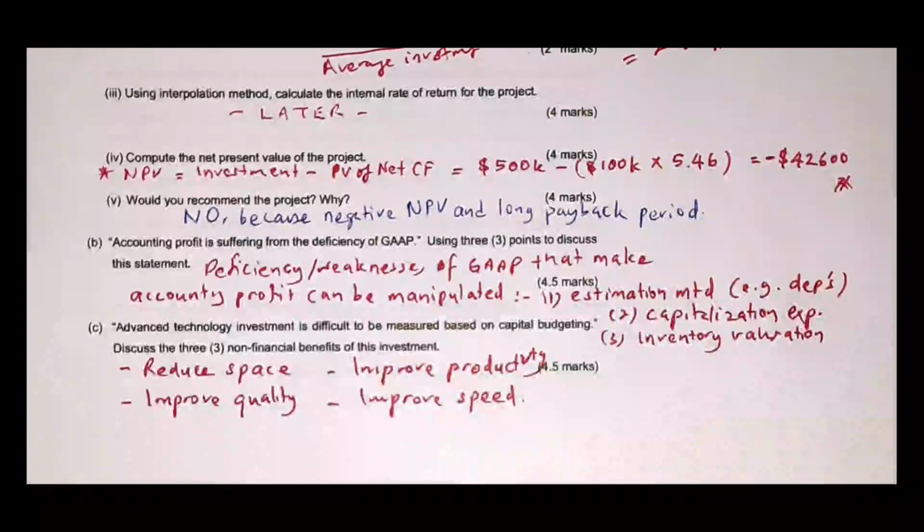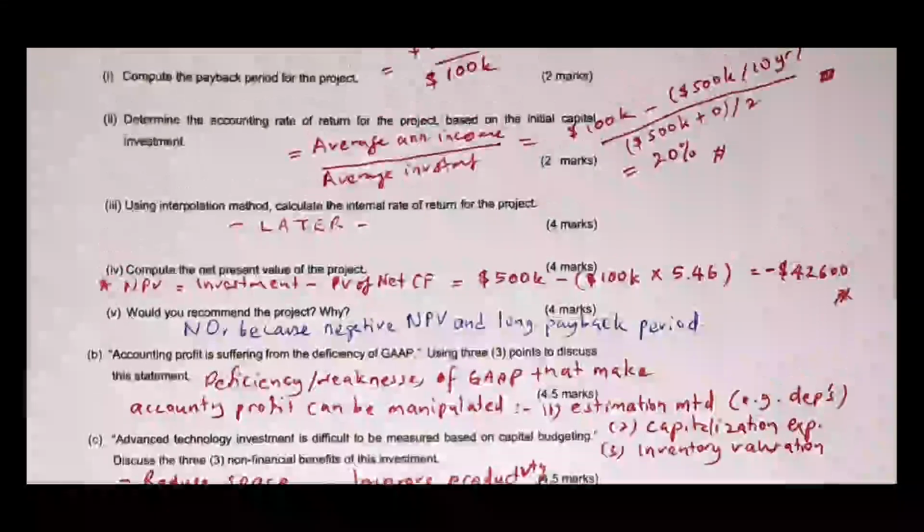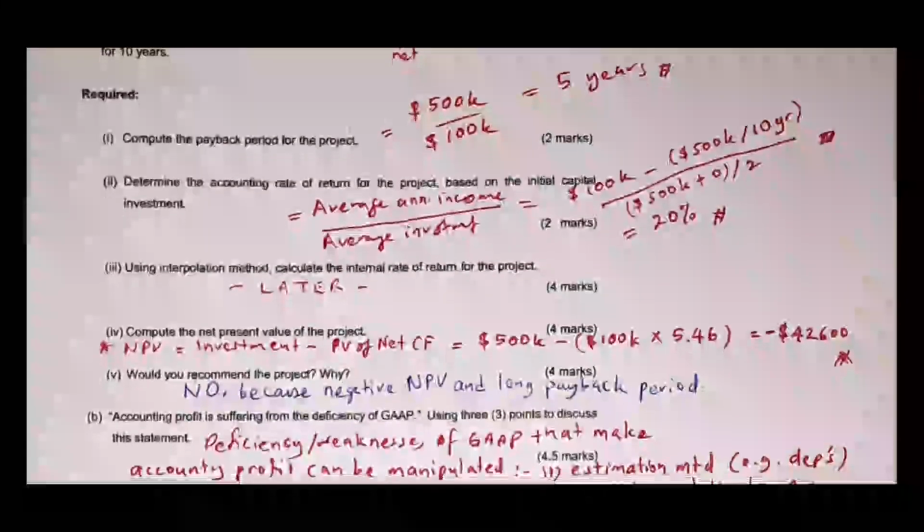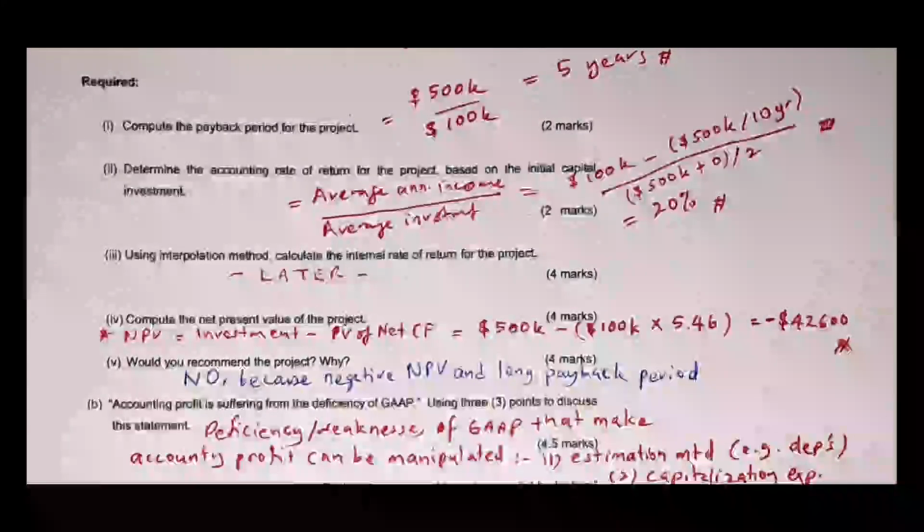And then number 5, the question asks you whether the investment is a good investment or not. The basic way to make the decision is you check the calculation that you have done. So there are 4 methods, but we do only 3 methods.